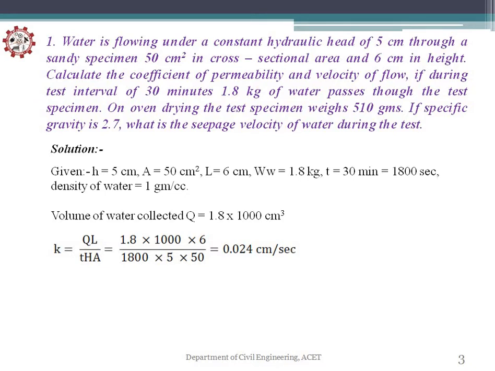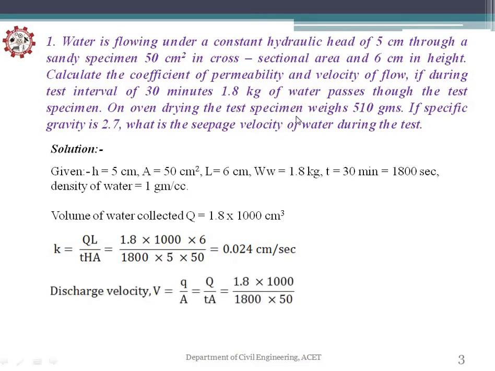So K equals QL upon tHA. So Q is 1.8 into 1000, into 6 which is length L, upon 1800, which is the time, into 5 which is the head, and area is given as 50 centimeter square. So it comes to 0.024 centimeter per second.